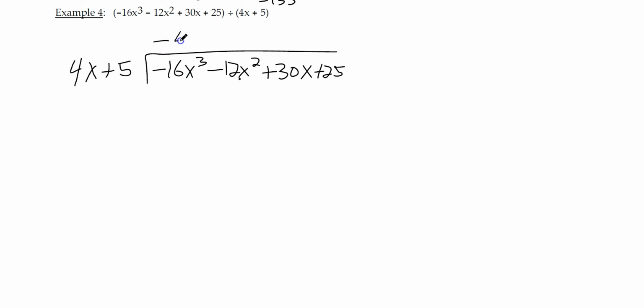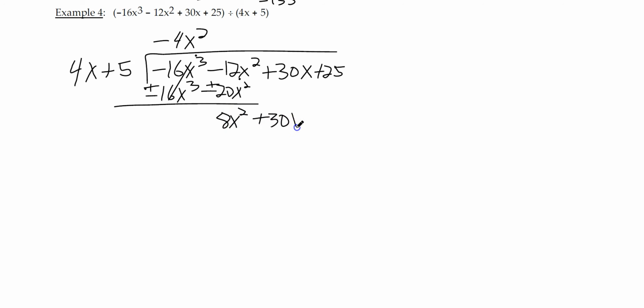That would be negative 4x squared. And we distribute negative 16x cubed minus 20x squared. We subtract, which is draw the line, change the signs. Cancellation. Negative 12x squared plus 20x squared is 8x squared. And drop down the 30x.